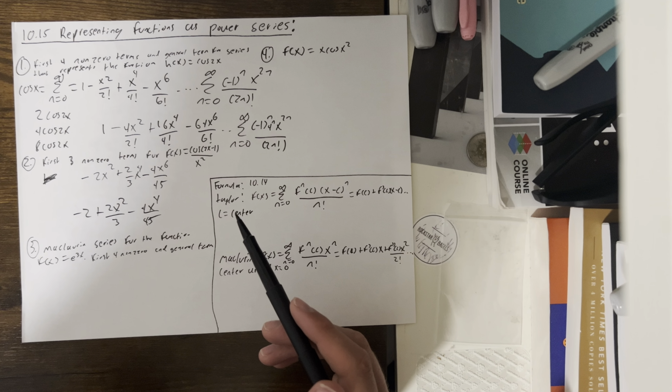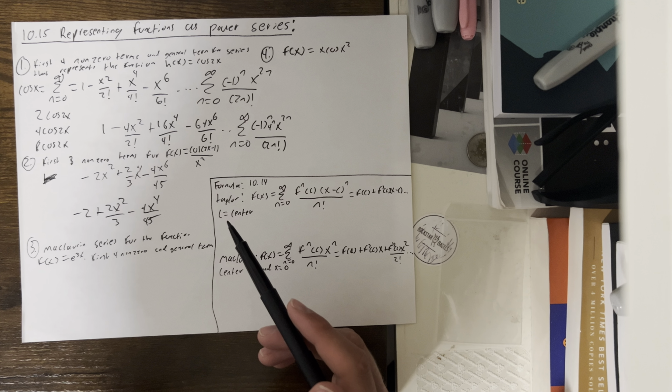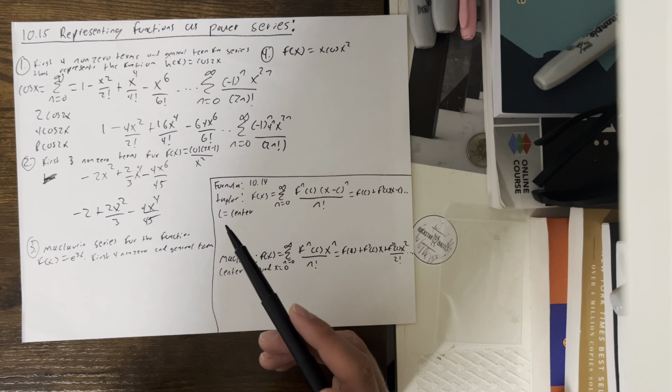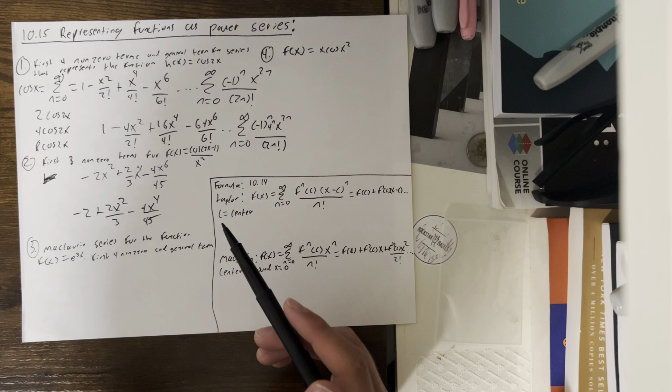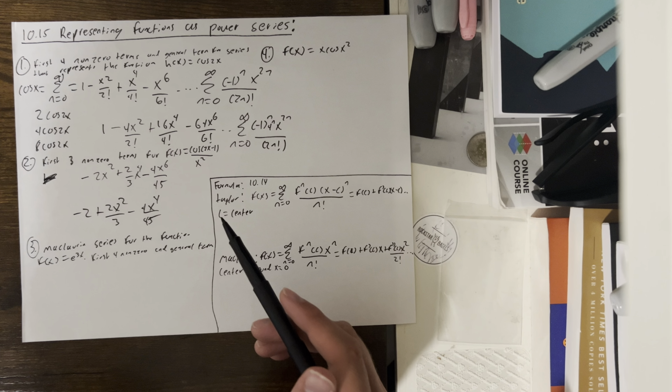And then another one would be find the Maclaurin series for the function e to the 3x.